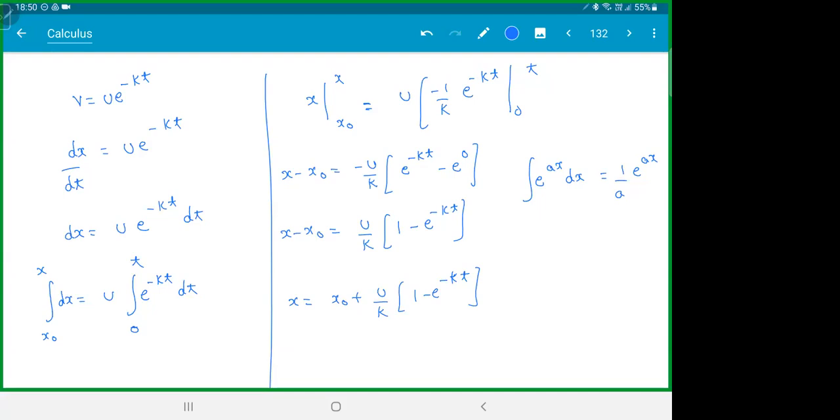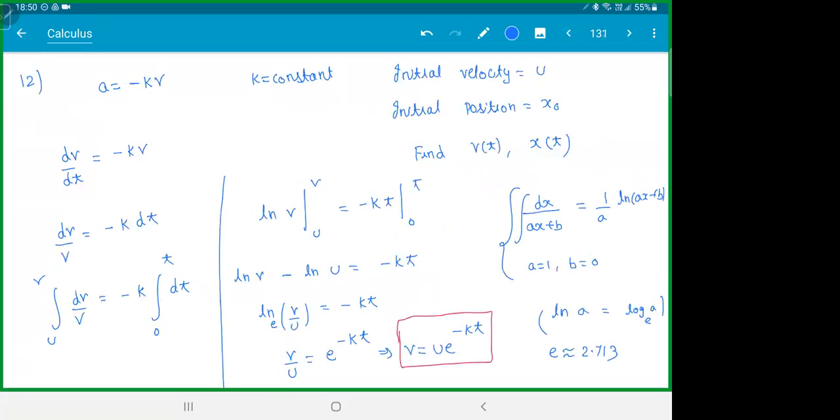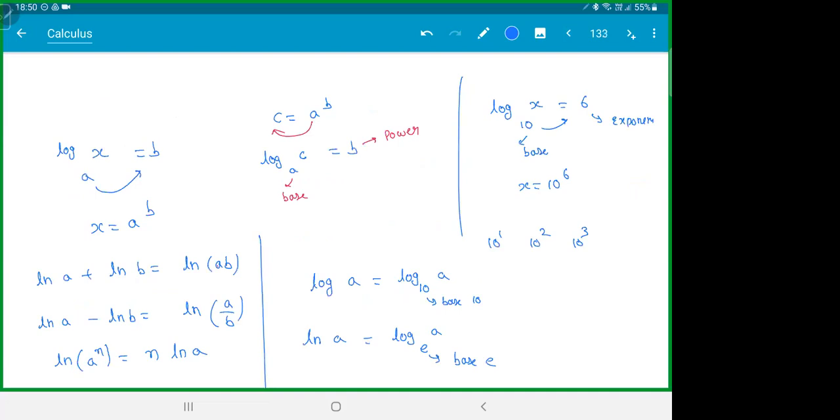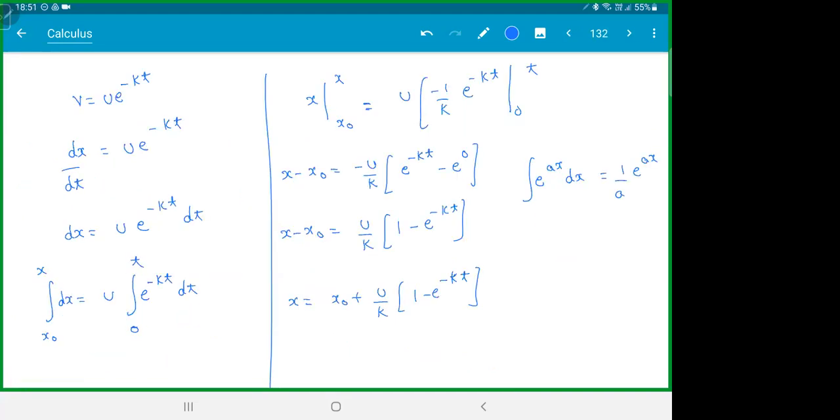Have a look at this. That log part, you just need to wait for them to teach. It's a small chapter. But log this much only I need. These things. Clear with this? Any doubts on this?